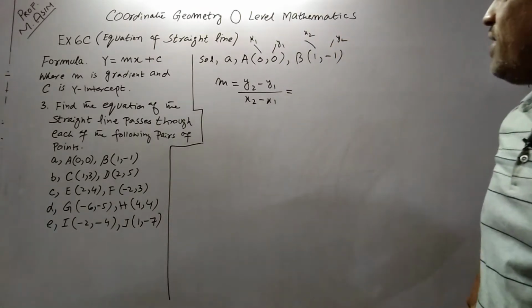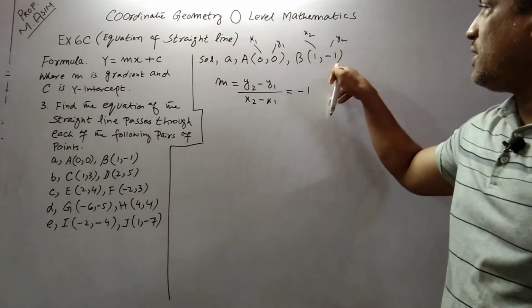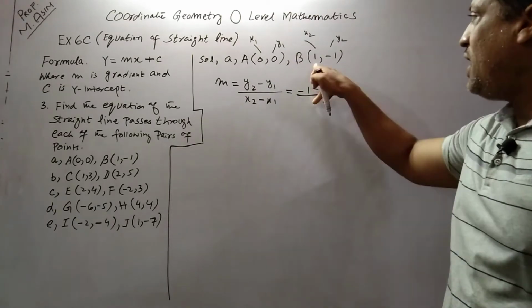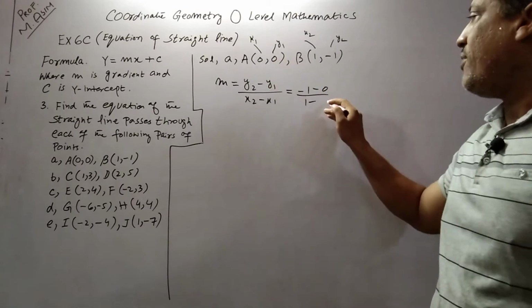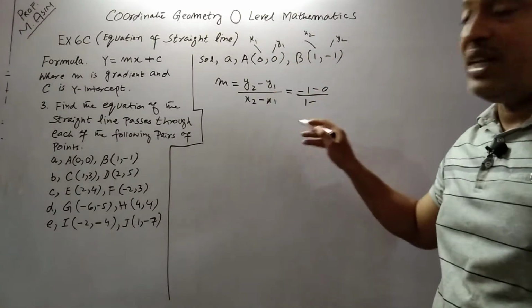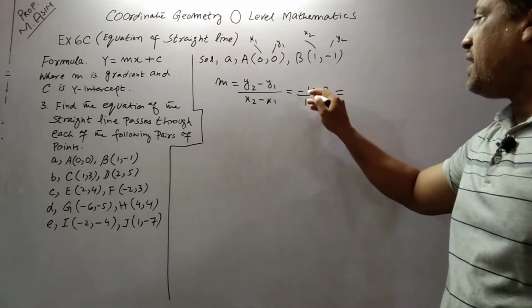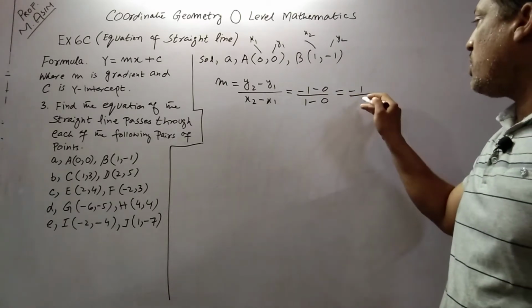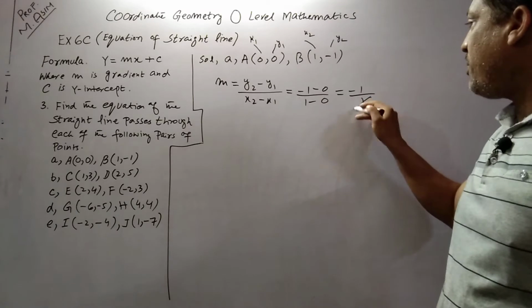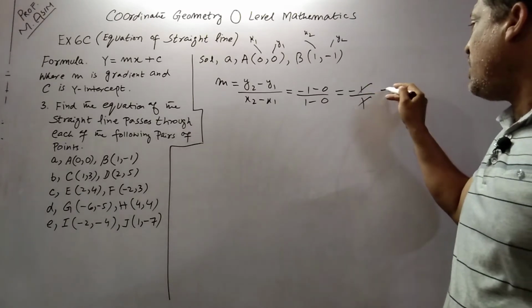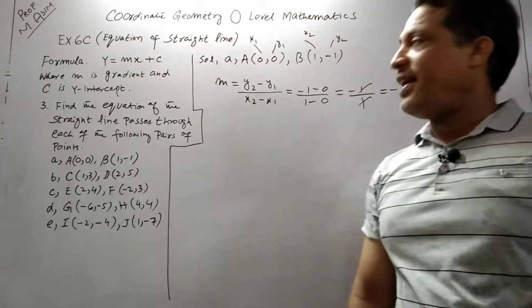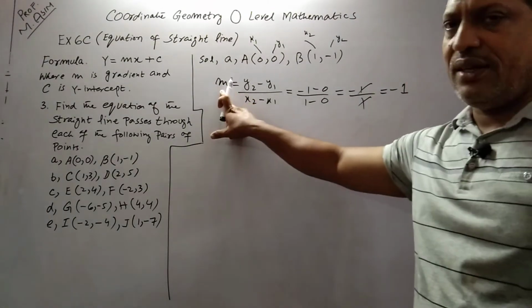So y2 minus y1 is minus 1 minus 0, upon x2 minus x1, which is 1 minus 0. Minus 1 minus 0 is minus 1, and 1 minus 0 is 1. Minus 1 upon 1, if you cancel, you will get minus 1. This is the value of the gradient.